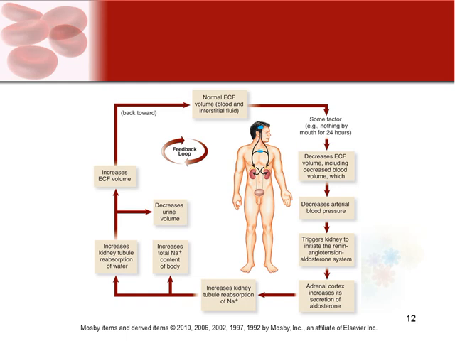Here's just a picture of a feedback loop. Let's say that I have a decreased amount of fluid volume circulating in my system. What that's going to do is drop my blood pressure. That's going to trigger my kidneys to initiate the different systems in my body that tell my kidneys to hold on to more fluid. So aldosterone is secreted, or antidiuretic hormone is secreted, and that tells my kidneys to reabsorb sodium.